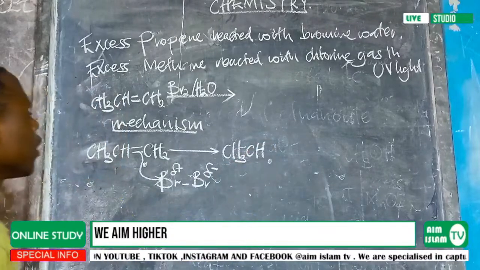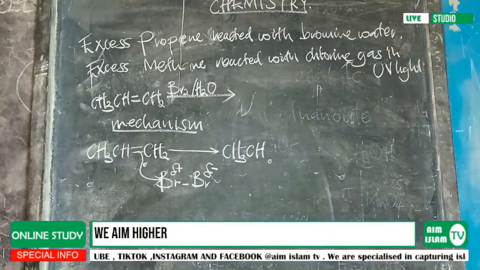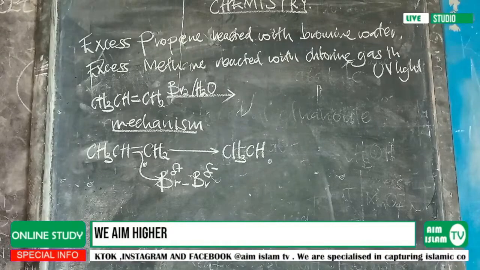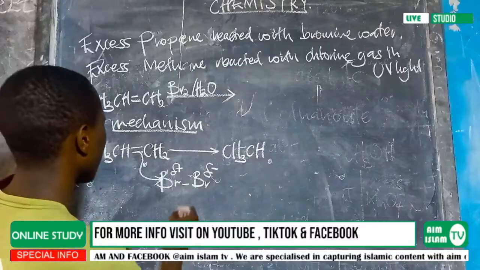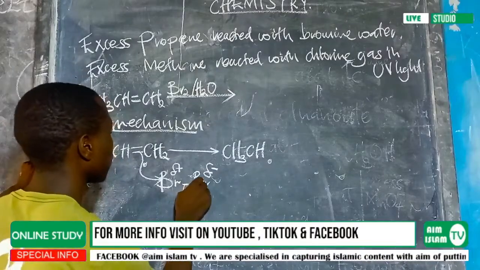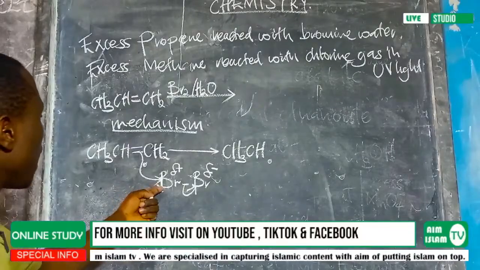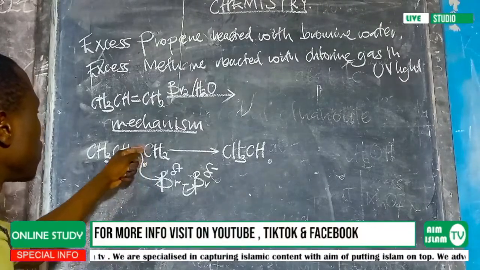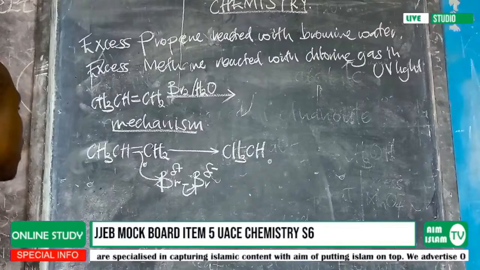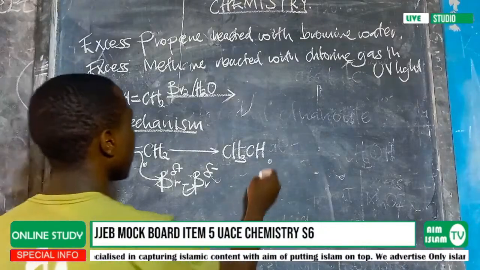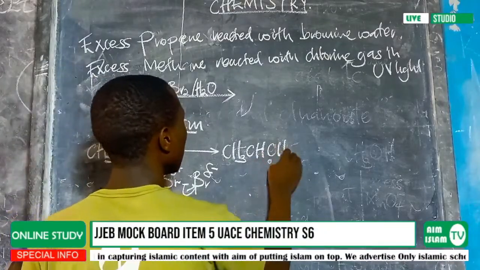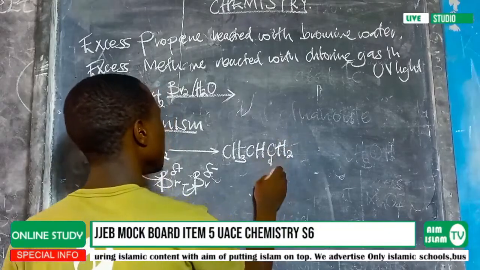Remember we should not form a carbonium ion, such that we can protect our reaction. So it means that we should add our bromine to the carbon that is not going to form a carbonium ion, which is unreactive. So let me add it here.